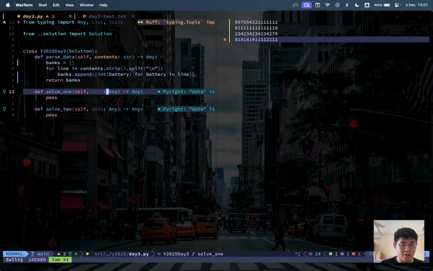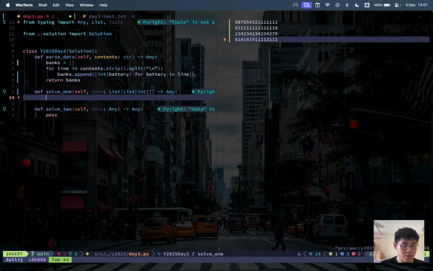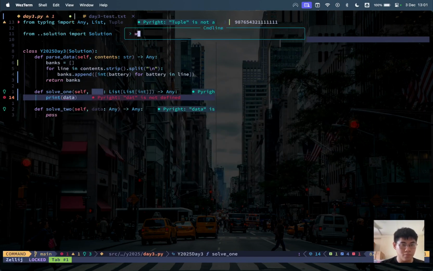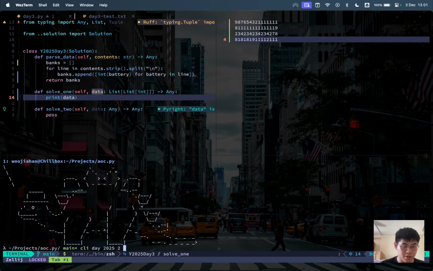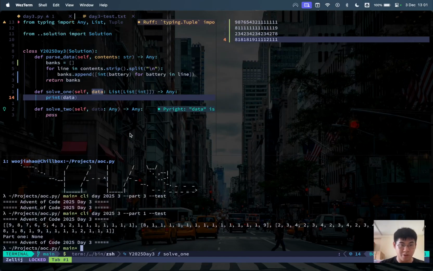So we should be expecting a list of integers. Let's just do the print again. Again, I have a CLI just to handle all of these operations. Oops. Part 1. Yeah, so you can kind of see we parsed it.